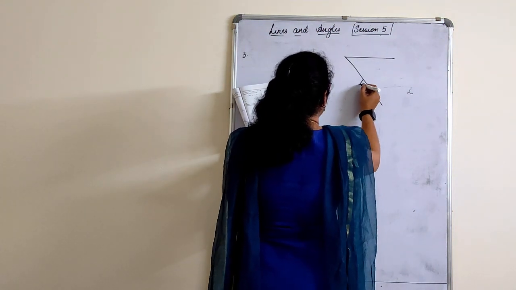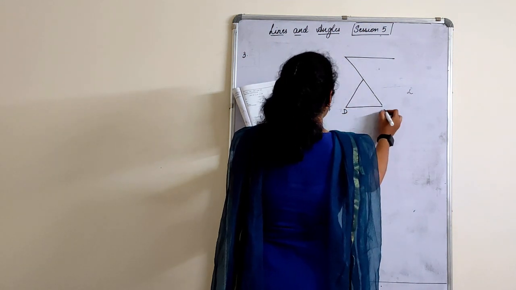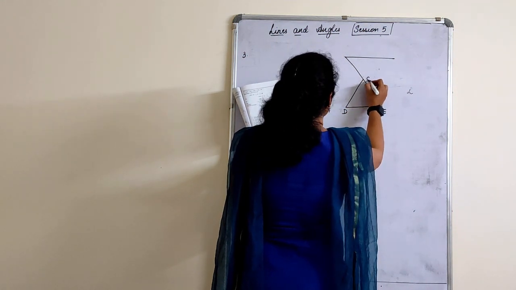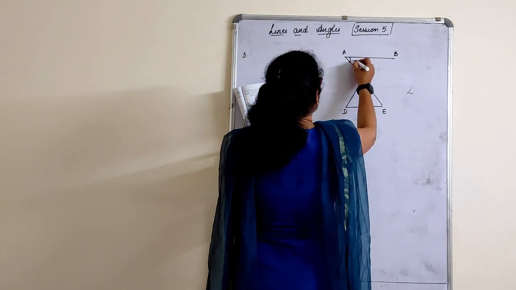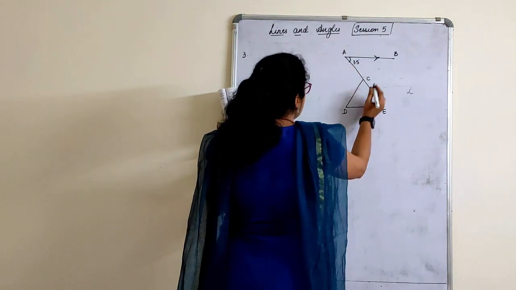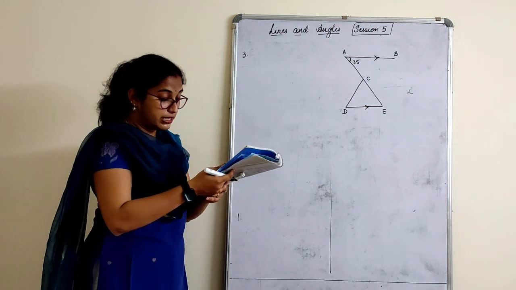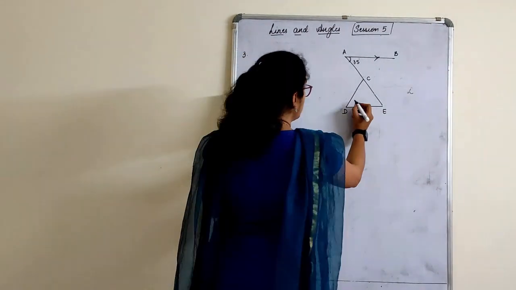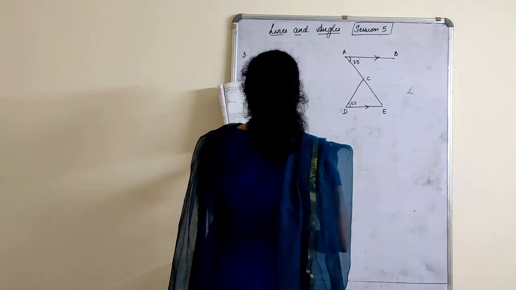It's only a half triangle. This is D, this is E, this is C, A, B and 35. They have given AB parallel to DE. Only if AB is parallel to DE, we can find some given condition. This angle is 53 degree. Okay, now what we have to find?